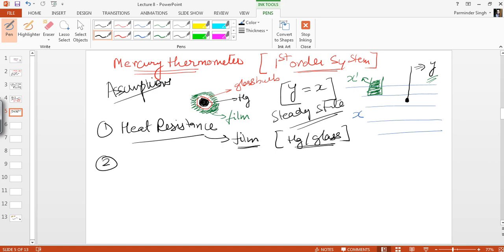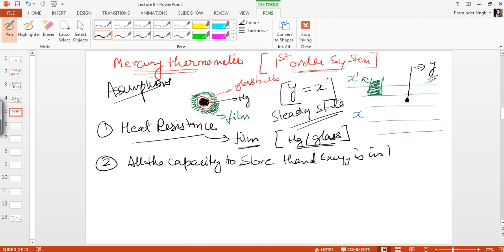Second, all the capacity to store heat or thermal energy is in the mercury. That means whatever amount of heat is transferred, the entire amount will be stored by the mercury.